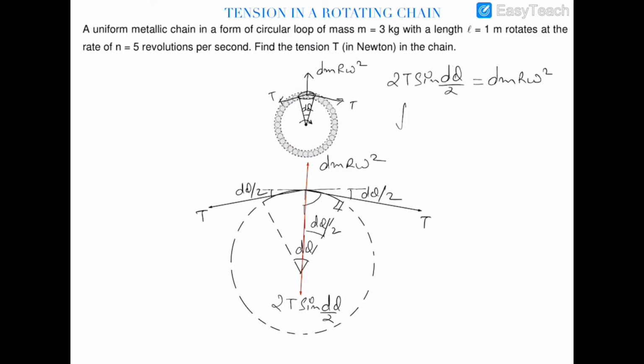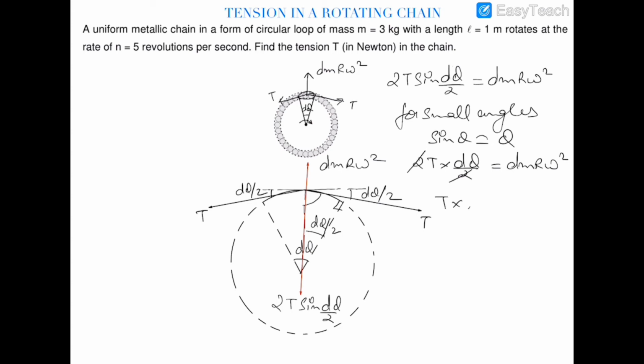Now for small angles, sine theta is approximately equal to theta, and therefore this is 2T into d theta by 2, and this is equal to dm r omega square. Cancelling this 2, so this is T into d theta, and this is dm r omega square.